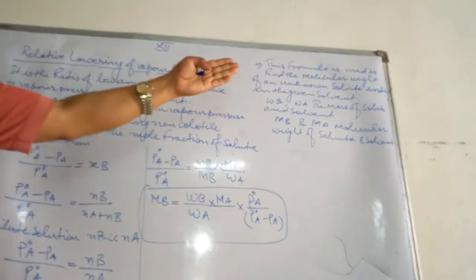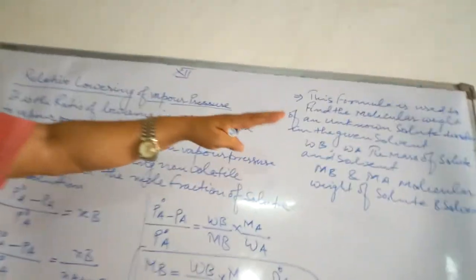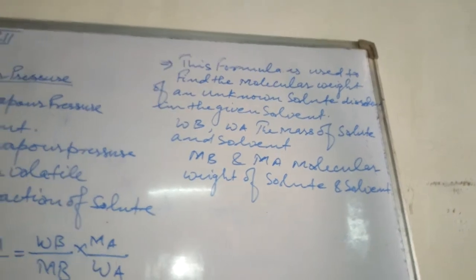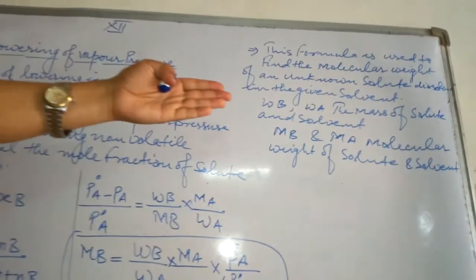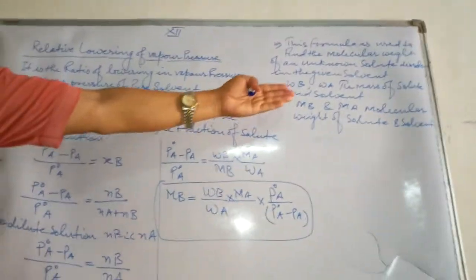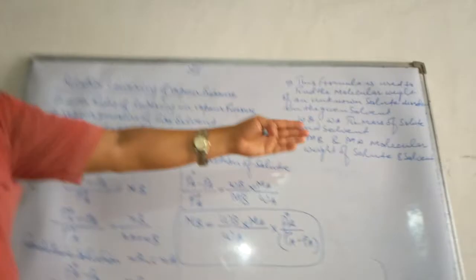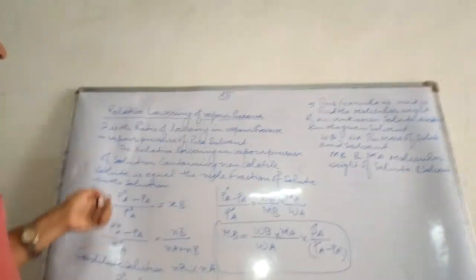This formula is used to find the molecular weight of an unknown solute dissolved in the given solvent. So WB and WA are the mass of solute and solvent, MB and MA are the molecular weights of the solute and solvent, and quite easily you may calculate the numericals.